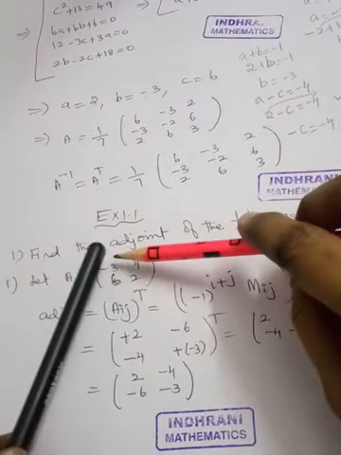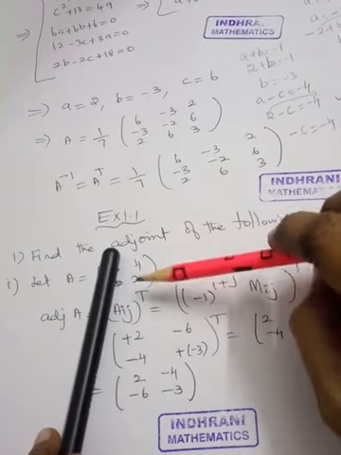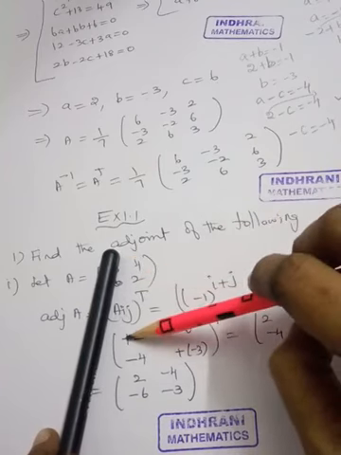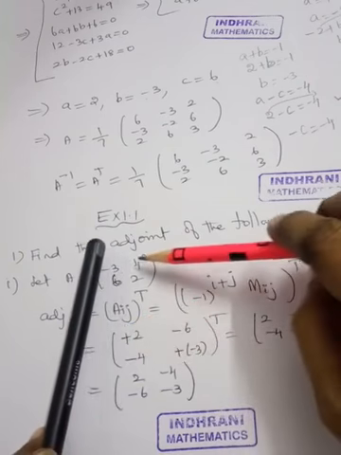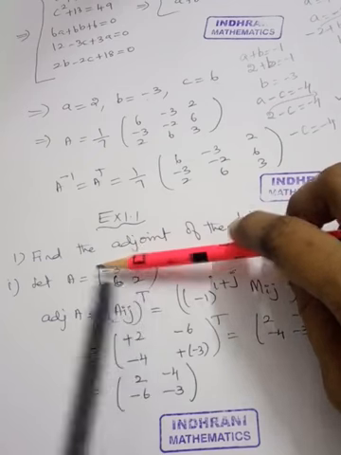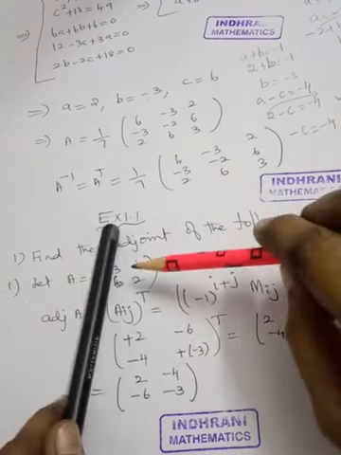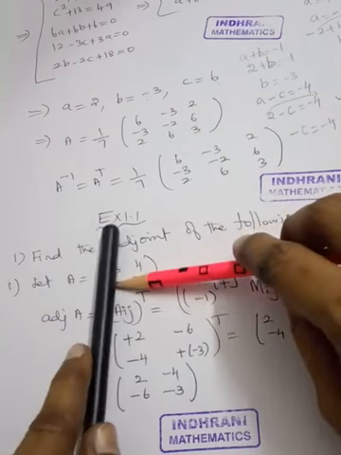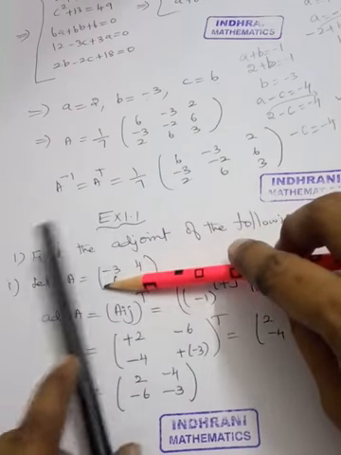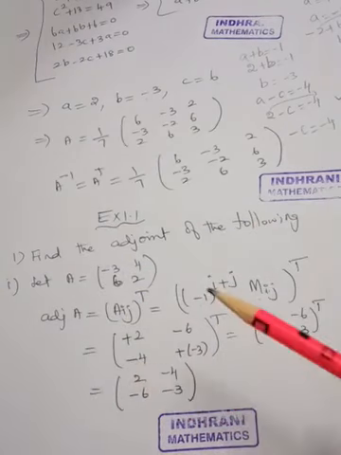Now the minor of minus 3: the corresponding row and column deleted, you will get 2. The sign is plus, so plus 2. Similarly, the cofactor of 4: that row and column deleted, you will get 6, so with the sign it is minus 6. Then the minor of 6: delete the corresponding row and column, you will get 4, but the sign is minus, so minus 4.